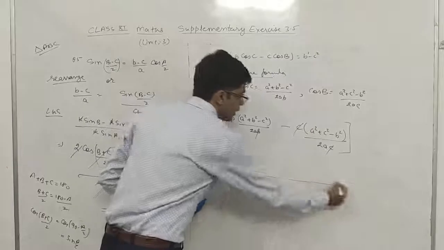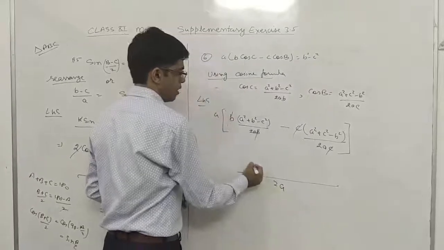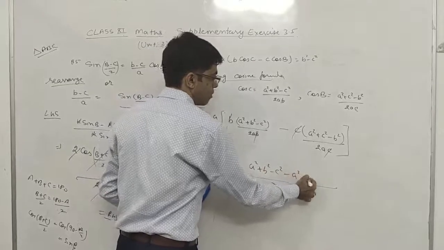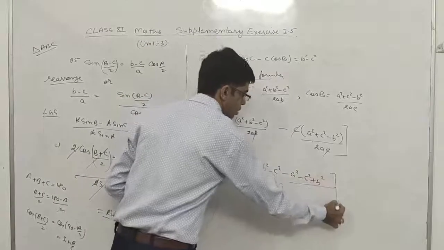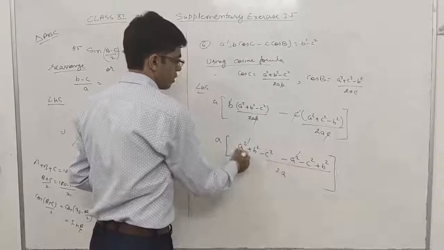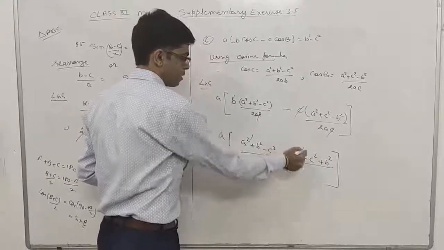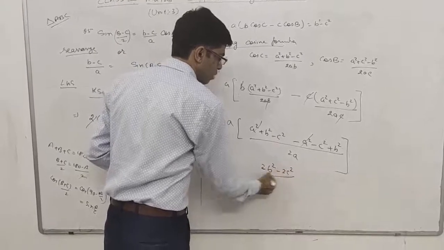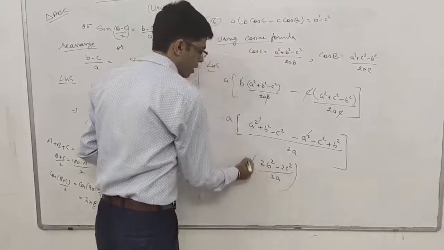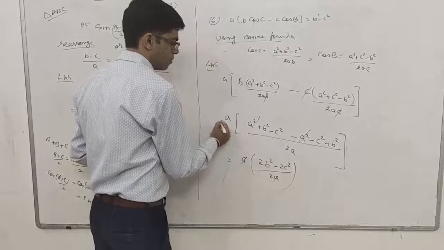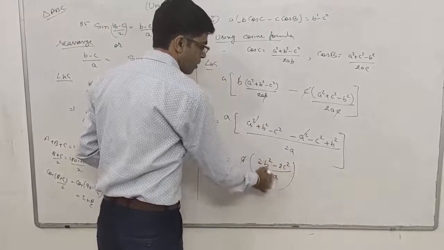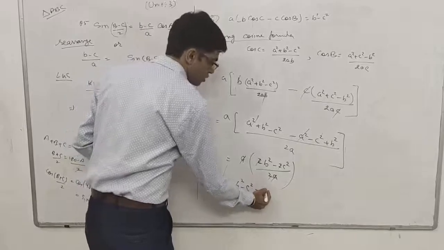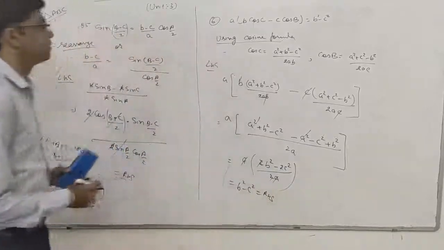So the LCM will be 2a, and here is a square plus b square minus c square minus a square minus c square plus b square. And a square cancels out. This is (2b square minus 2c square) upon 2a. Again this a will be cancelled out, so 2 will be cancelled out. So finally we got b square minus c square, which is equal to the right hand side.